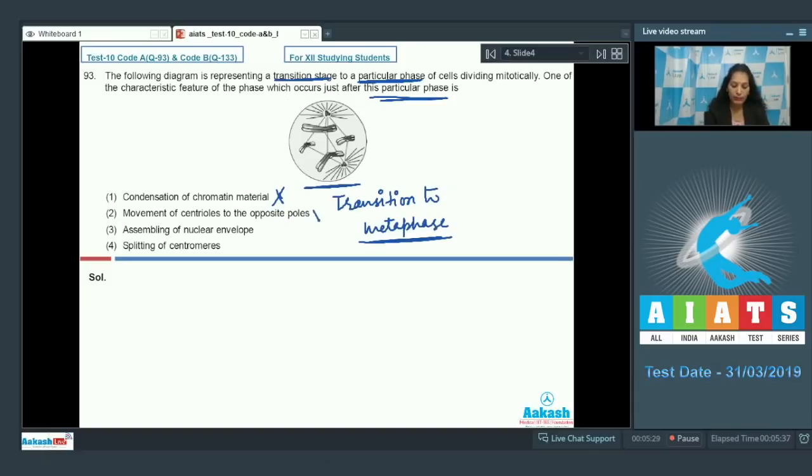Movement of centrioles to the opposite poles, again in the prophase. Third, assembly of nuclear envelope. No, it occurs in the telophase, not in the anaphase. And the fourth one is splitting of centromeres. Yes, centromeres split during the anaphase and the daughter chromosomes move towards the opposite poles. So the correct option for the given question is option number 4. Let's move to the next question.